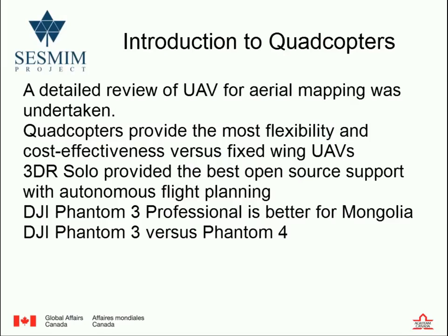Introduction to quadcopters. Right now we'll look at a detailed review of the unmanned aircraft for aerial mapping. We already did that. Now, quadcopters provide the most flexibility and cost effectiveness versus fixed wing UAVs.